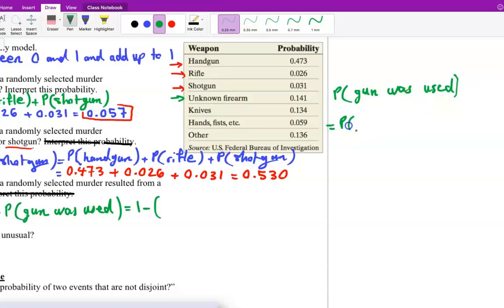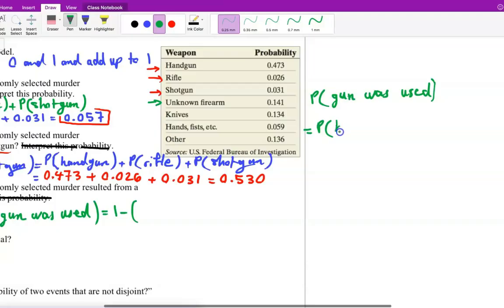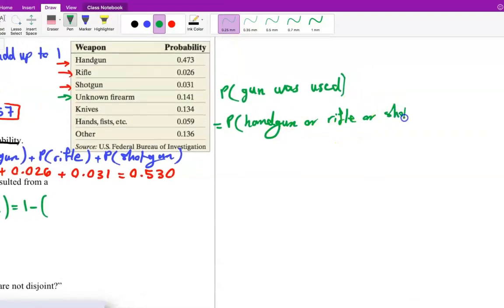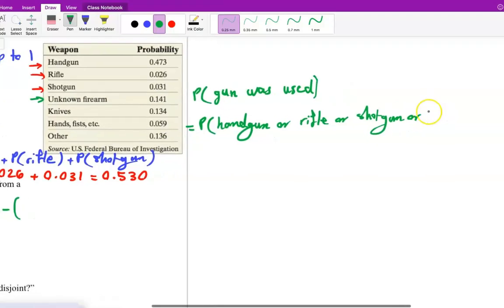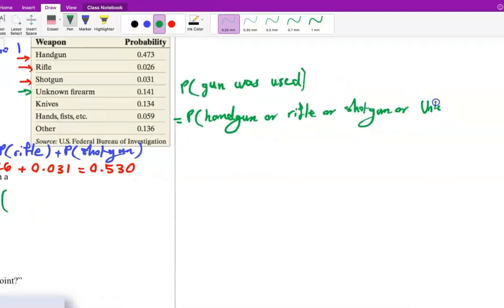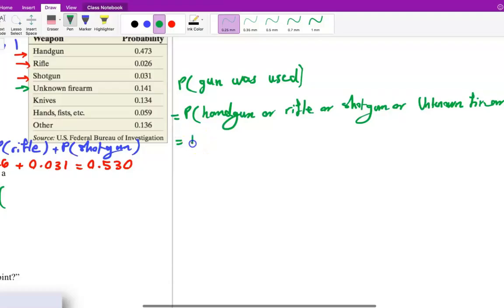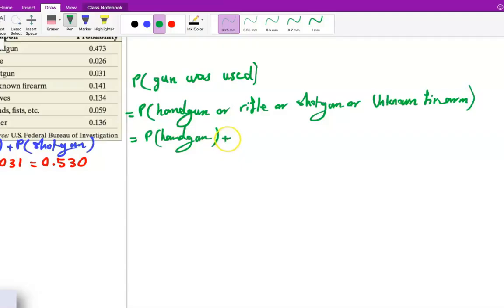This one is probability of all these: handgun or rifle or, that's why for each one I should add the probability of each one.